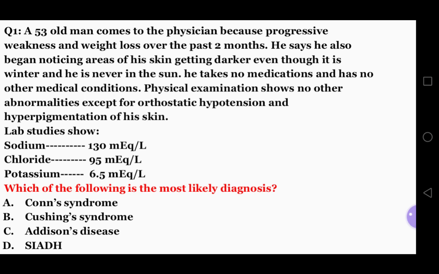Lab studies show sodium 130 milliequivalent per liter, chloride 95 milliequivalent per liter, and potassium 6.5 milliequivalent per liter. Which of the following is the most likely diagnosis? So you can see that there is hyperkalemia and skin pigmentation, orthostatic hypotension. So it is a case of Addison's disease.